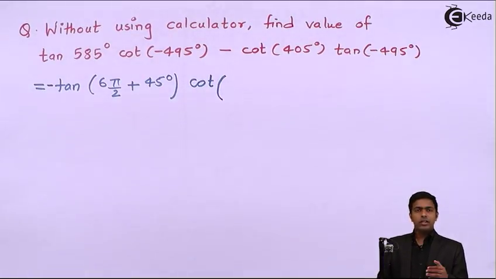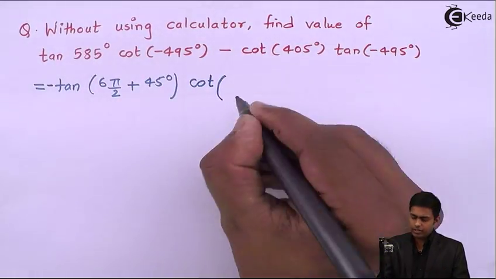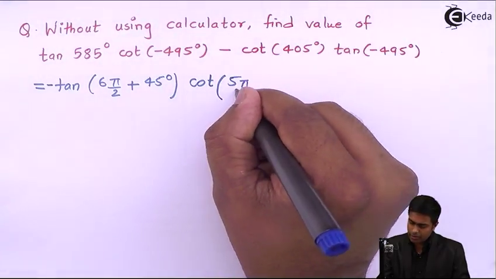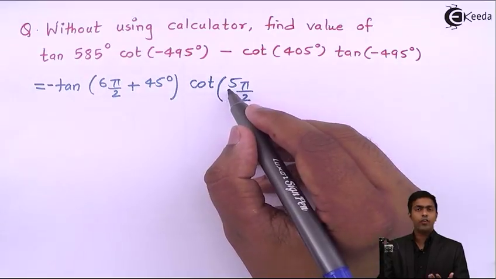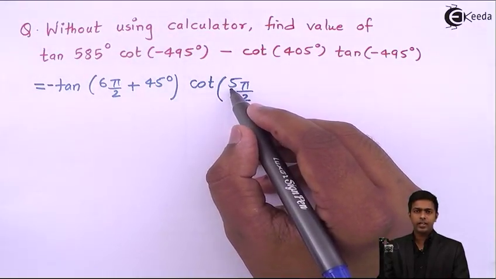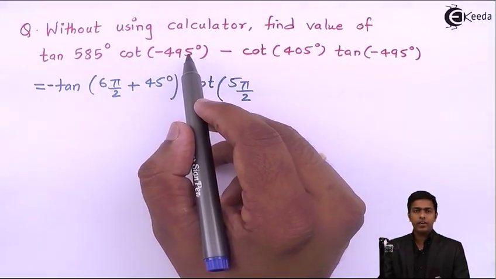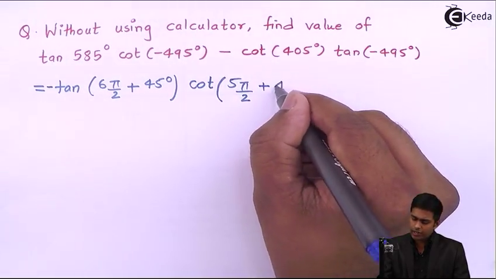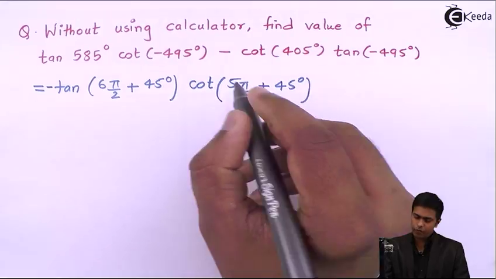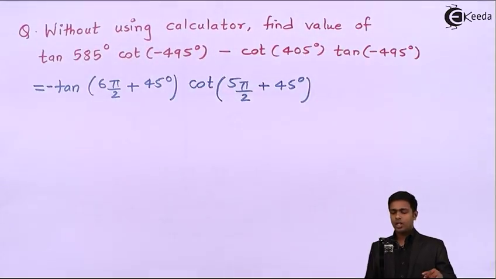So 90 5s are 450 degree. So here I'll say 5 pi by 2, because pi by 2 is 90 and 90 into 5 is 450 degree. But we have 495. So in 450 degree I will add more 45 degree, and that will become 495 degree.